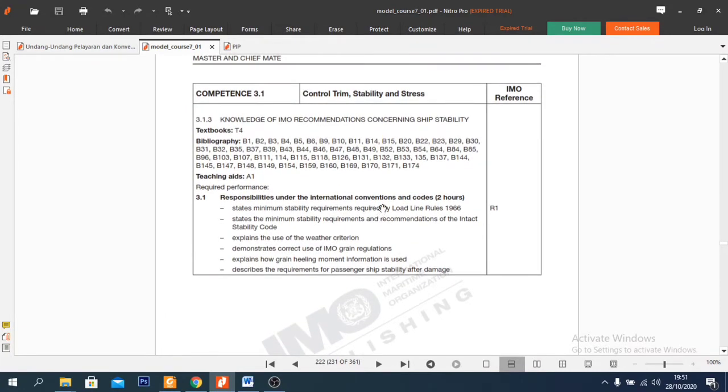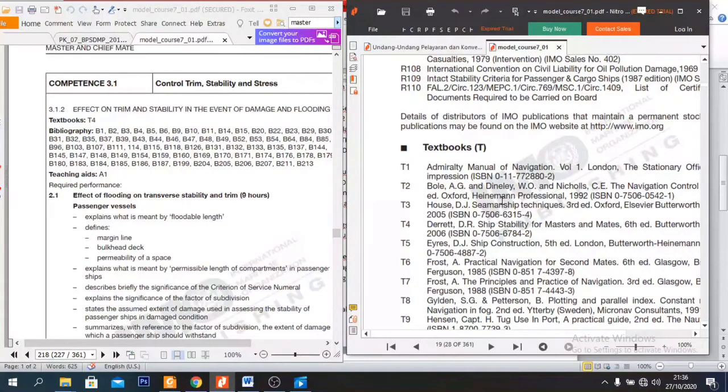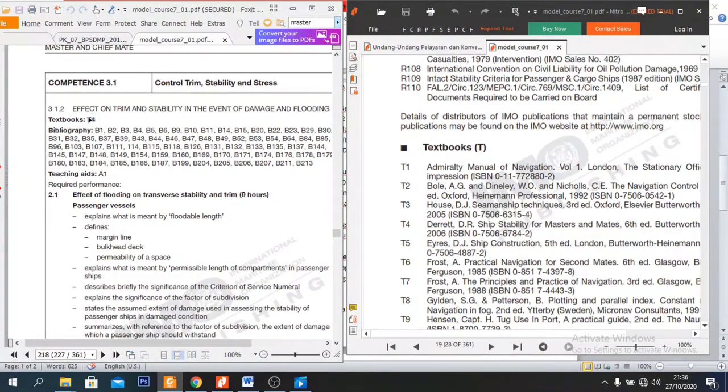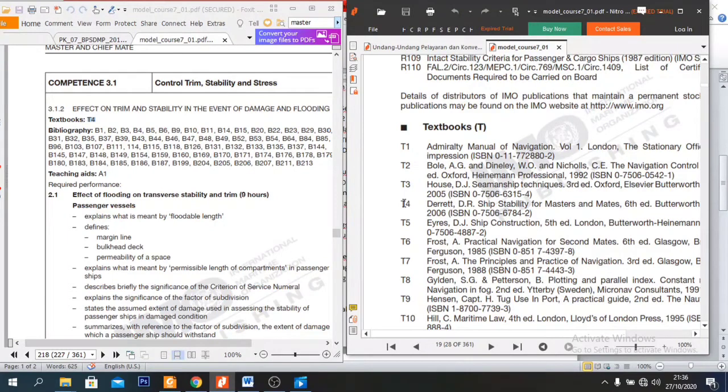Itu saja. Baik, untuk mengobati rasa penasaran, konten apa saja di dalam buku yang direkomendasikan oleh IMO, kita buka dua buah buku yang direkomendasikan oleh IMO Model Course 701.